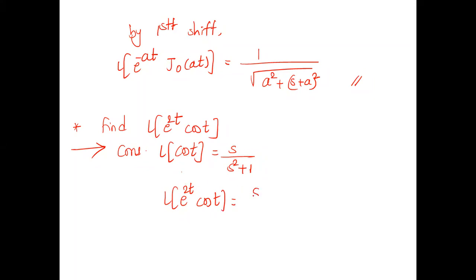Yes, s minus 2. So s minus 2 upon, wherever is s it is s minus 2, and that is the answer. If it was e raised to minus 2t, then here it would be s plus 2. That is the first shift property.